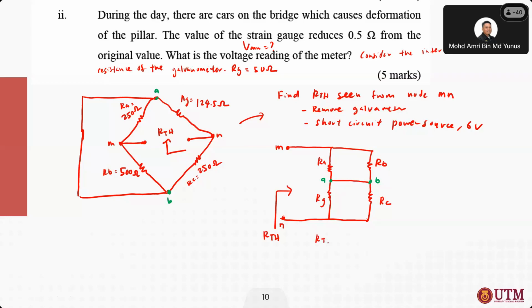So the equivalent RTH will be the product of RA parallel with RB, summed with the product of RG parallel with RC.